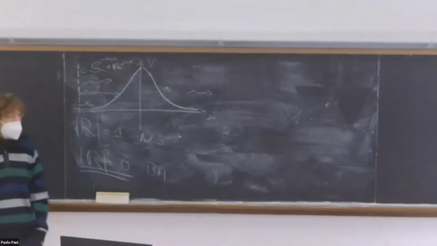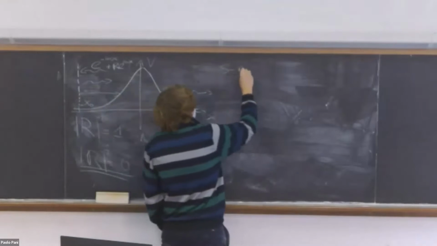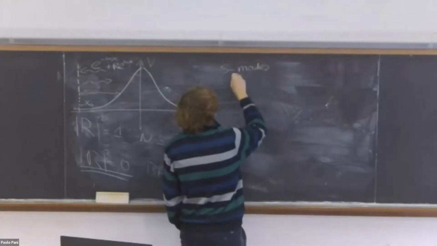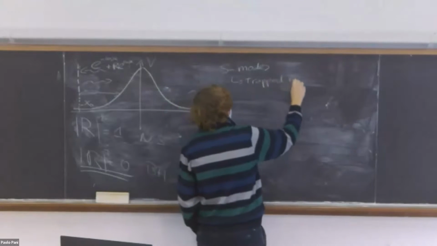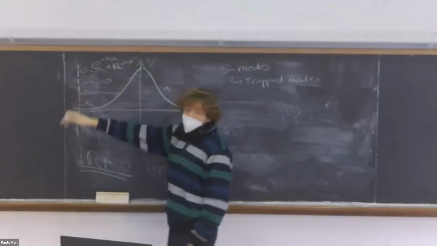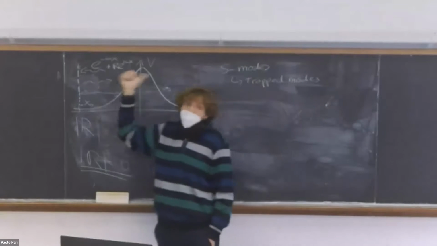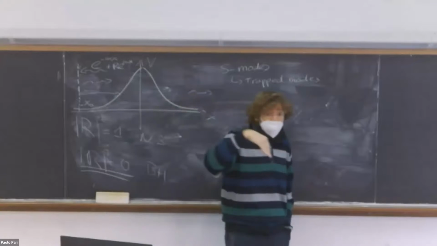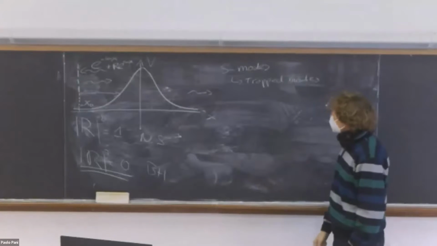And what they found are the so-called S modes, which are just trapped modes between the potential barrier and the object interior that only exist if there is some reflectivity. If there is no reflectivity, these modes do not exist because they will just be absorbed by the photon sphere.